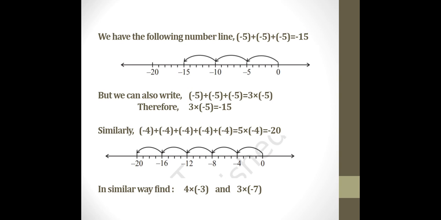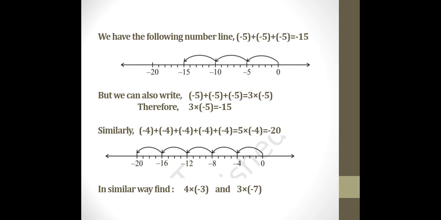Now similarly we can see for minus 4 plus minus 4 plus minus 4 plus minus 4 plus minus 4. We know that this sum is minus 20. Now let us represent it on the number line. This time we have to take the length 4 and group it 5 times, I mean, we have to group it up to minus 20.